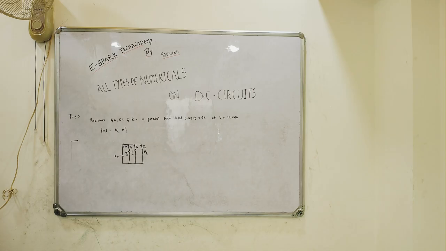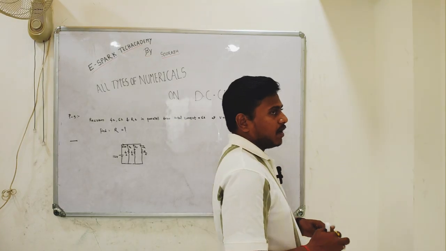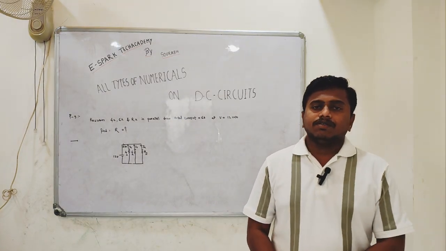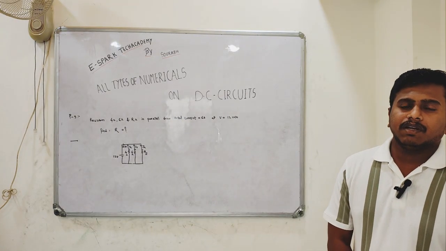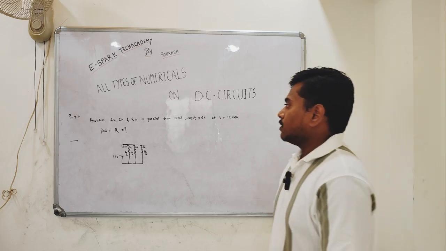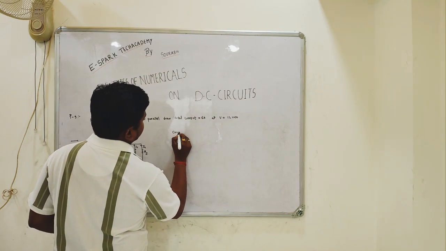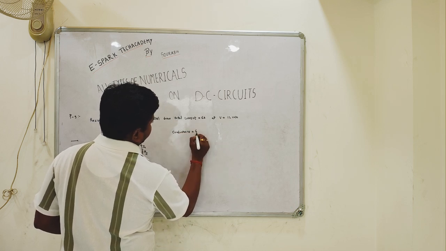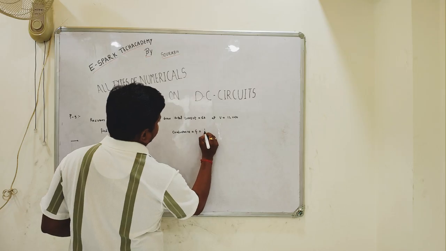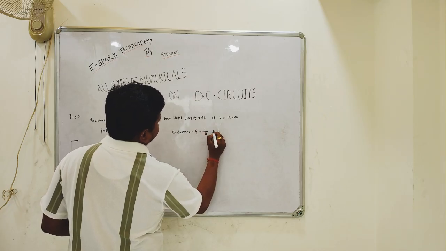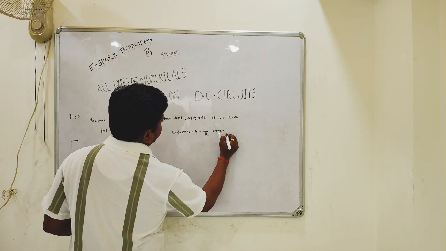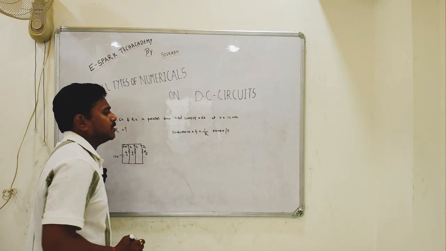Now what we have to do is use one concept which we have learned: the resistance, resistivity, conductance, conductivity. Here we will be using conductance, which is denoted by G is equal to 1 upon R. Siemens is its unit.